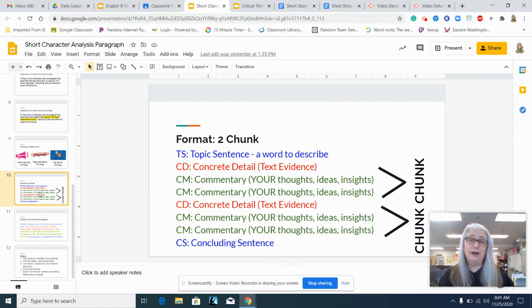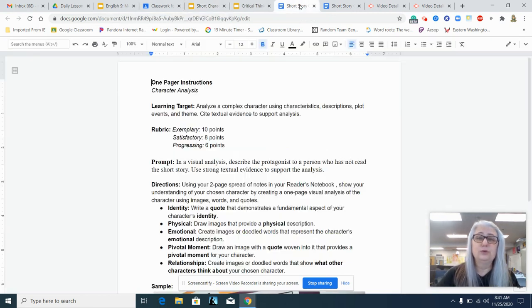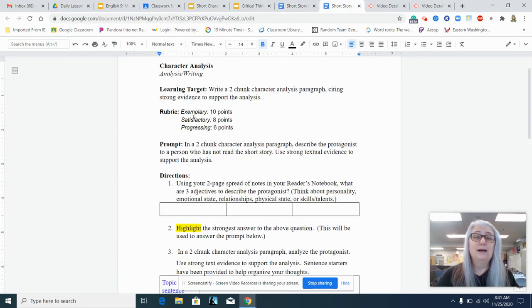That means your paragraph should have 2 quotes from the story and then 2 sentences for each of your quotes that really explain how that quote proves what you think about who your character is. A satisfactory paragraph would be those 2 quotes and 4 sentences of commentary, as well as the topic sentence and the concluding sentence.